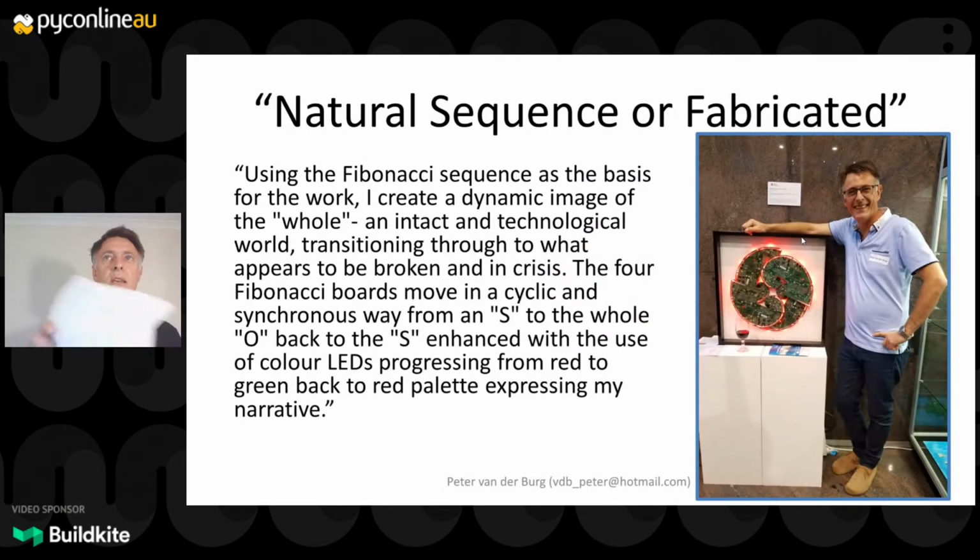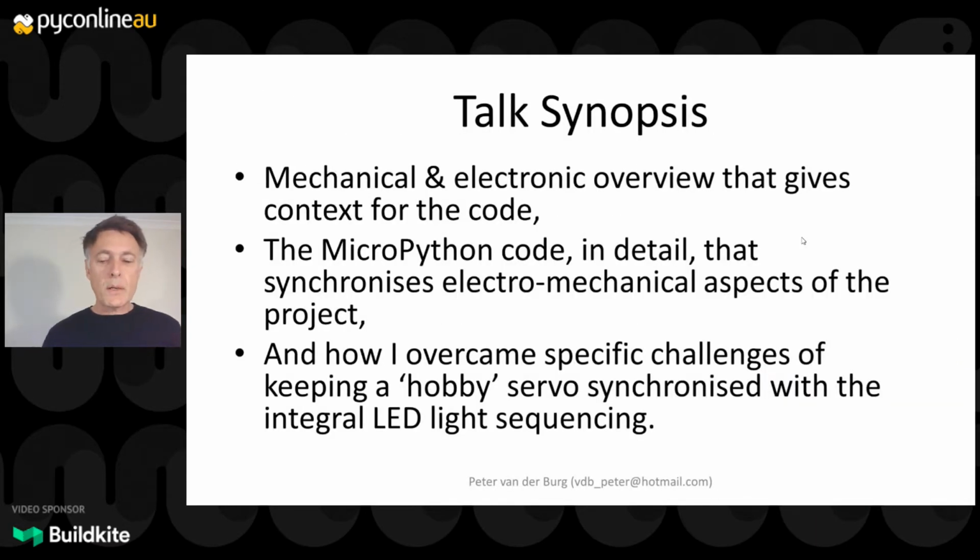So this is the artist description, the artist statement that goes with the piece. You can see in the photo that it's reasonably large, 600 by 600, and that gives a bit of scale to the piece. So the synopsis today really is to give a bit of context for the code.